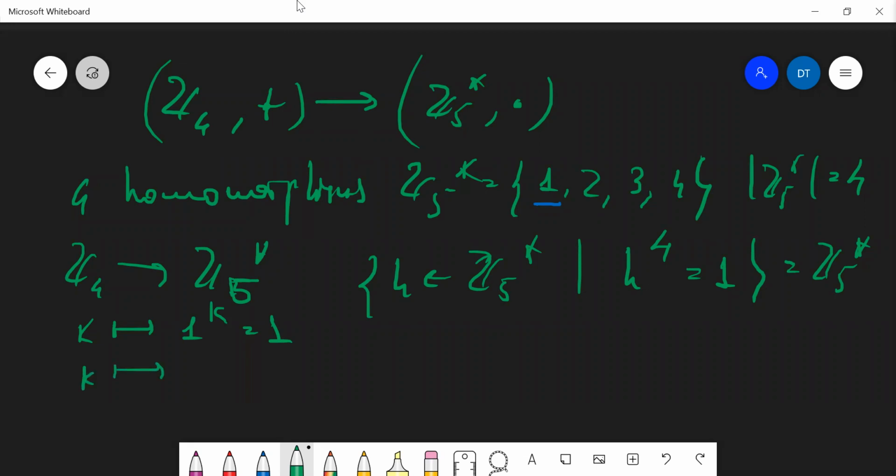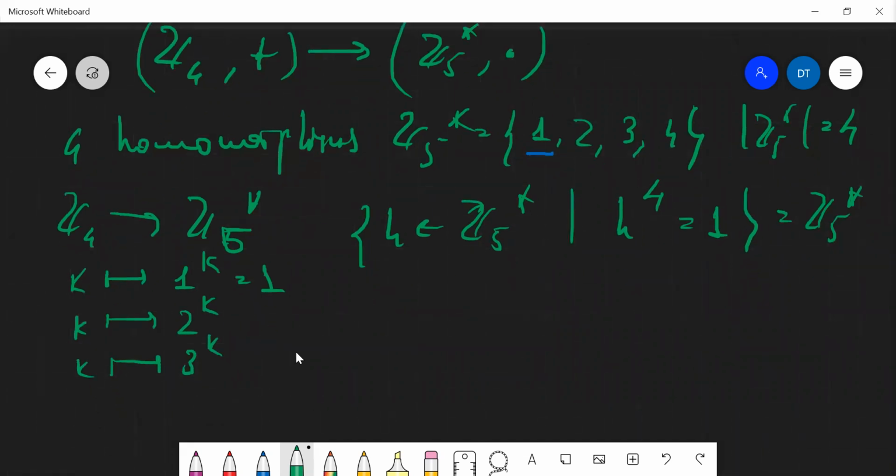Then k goes to 2 to the k, then k goes to 3 to the k, and the last one, k goes to 4 to the k. All of these are modulo 5, because on the right-hand side we have multiplication modulo 5. So these are all possible homomorphisms from Z4 to Z5 star. Are there any questions regarding this example?